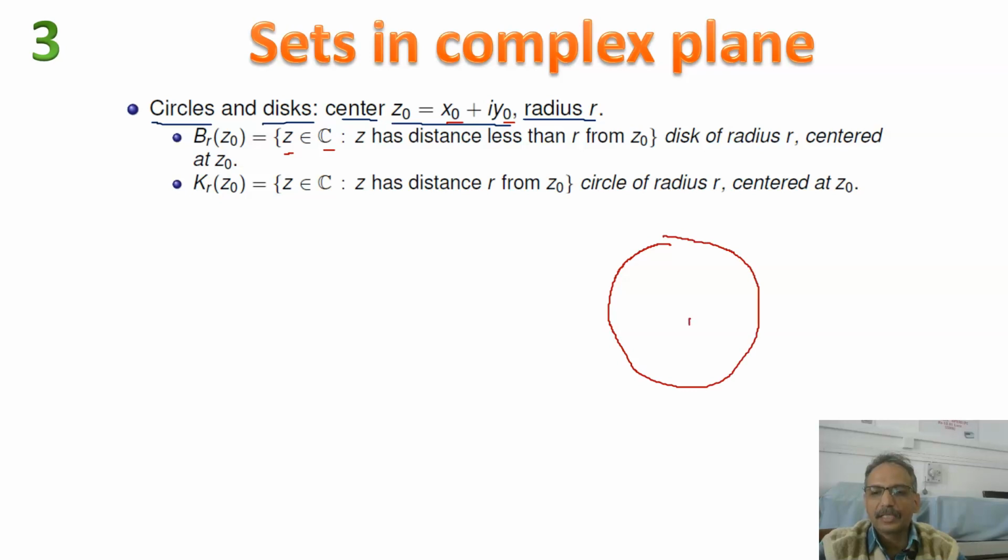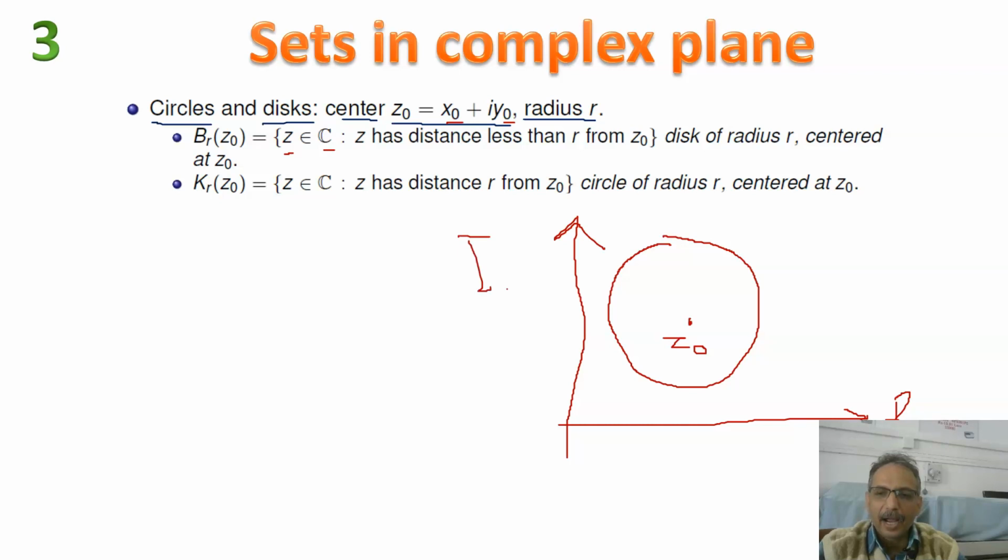Let us suppose that this is the disk and this is the center z0, and this is the real axis representing the numbers x, and this is the imaginary axis representing the numbers y, and we are interested in all those complex numbers z that have distance less than r from z0.